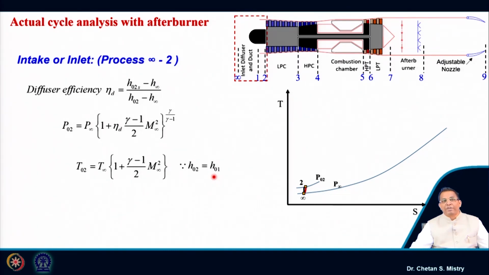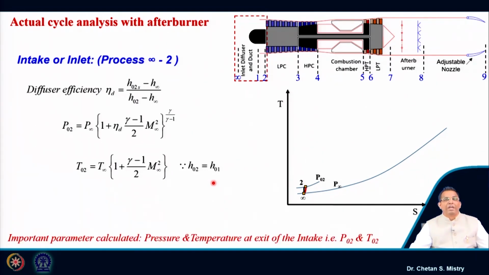In line with that we can calculate our exit temperature. We are assuming the process happening inside the intake is adiabatic, and that is the reason my temperature remains the same. So, I say my enthalpy H02 equals H01, or T02 equals T01.